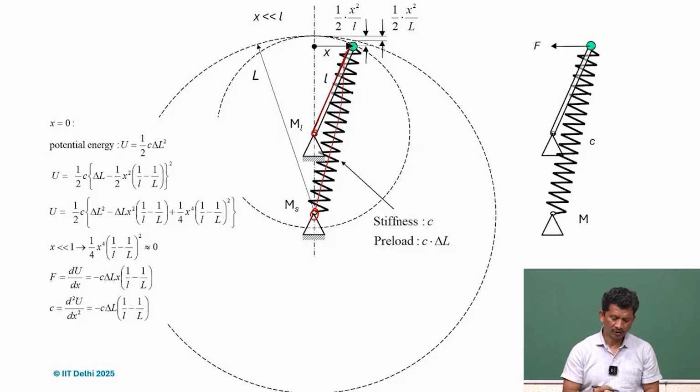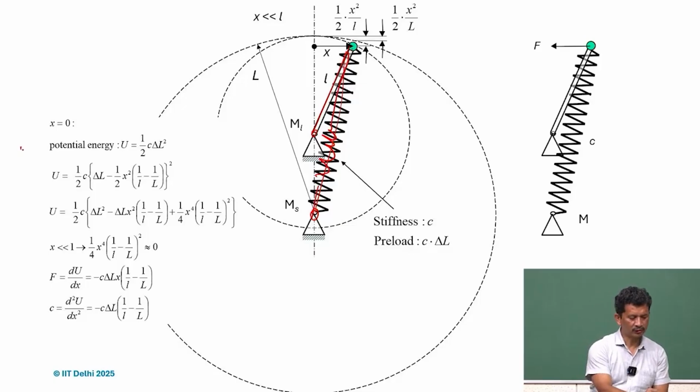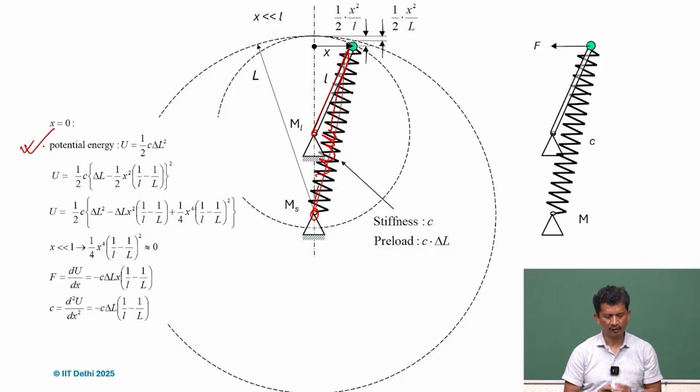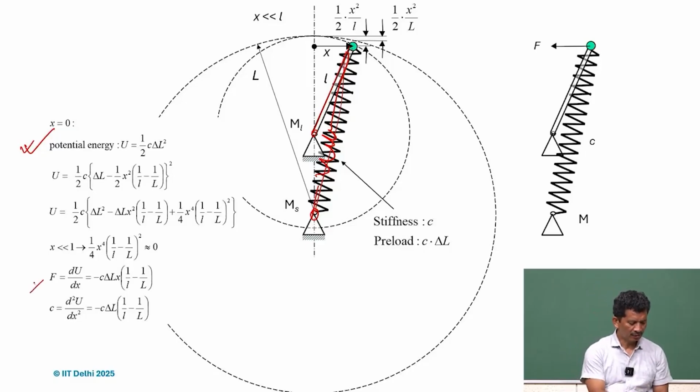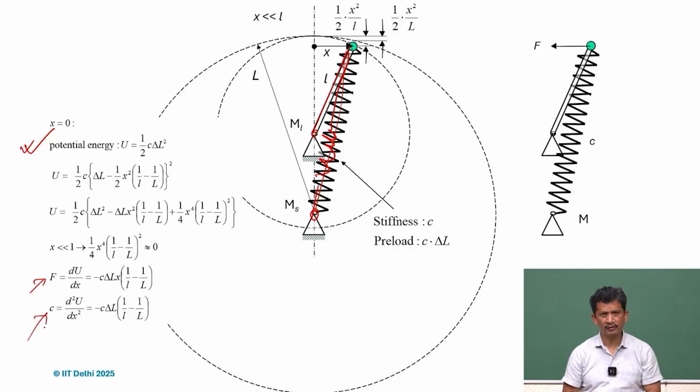These kinds of mechanisms we can easily analyze using the potential energy concept, and we can write all the equations, the potential energy stored in the spring with respect to the displacement, and of course the force and the stiffness we can calculate.